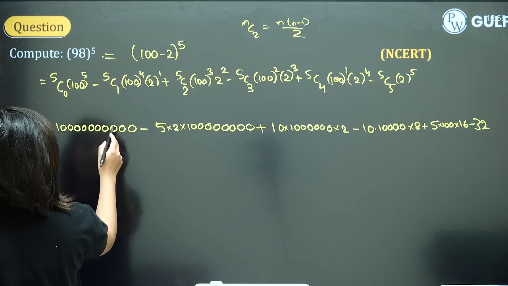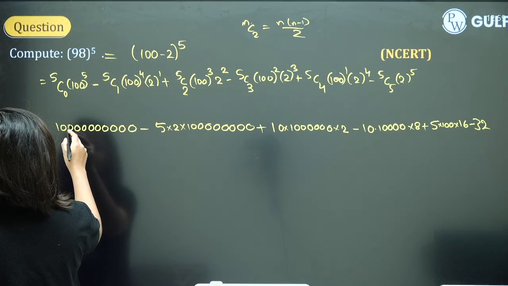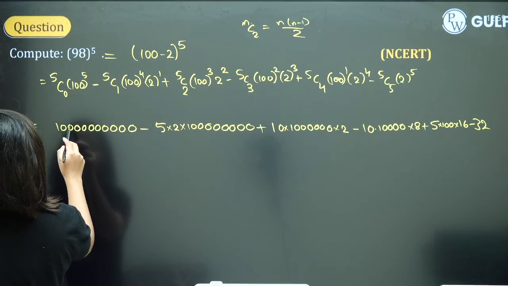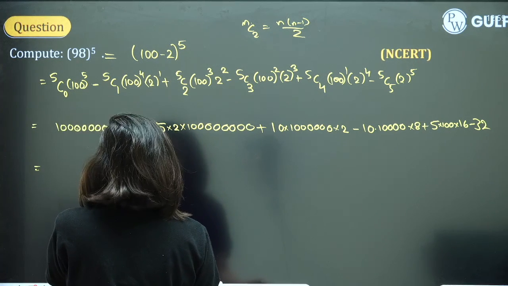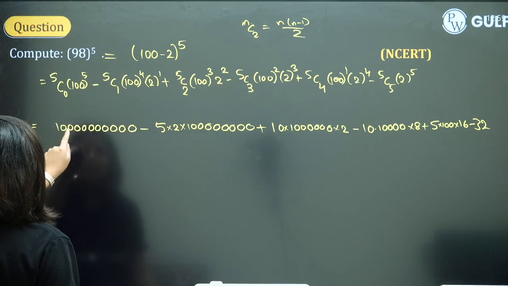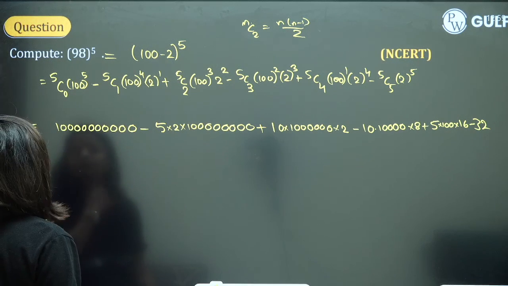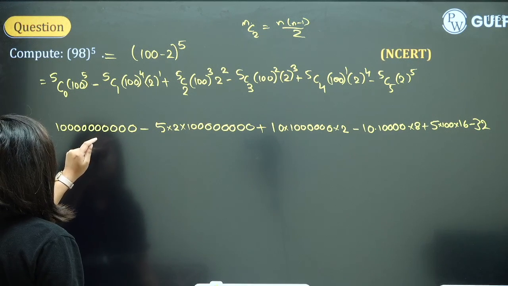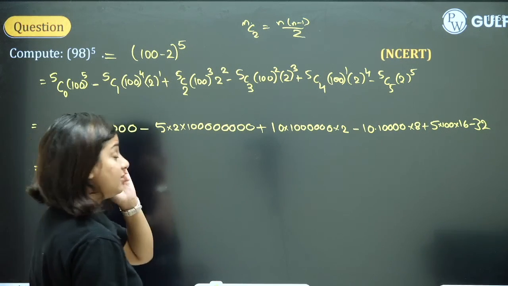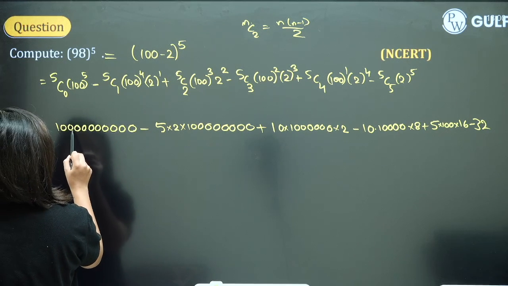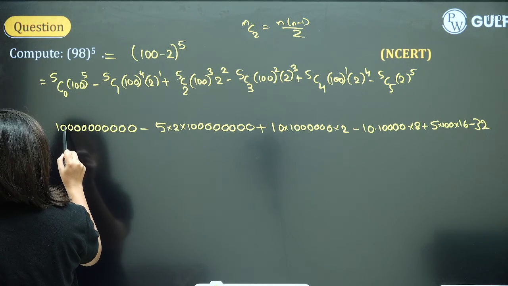Unit, tens, 100, 1000, 10,000, lakh, 10 lakh, crore, 10 crore, 100 crore, 1000 crore.